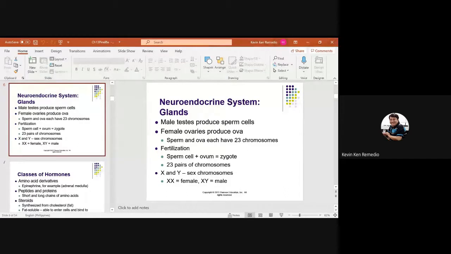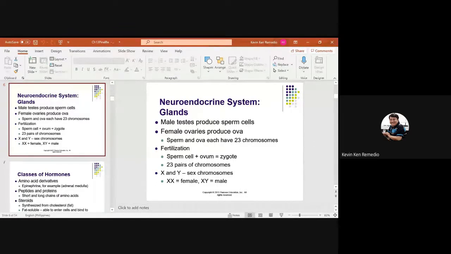For females, the glands are the ovaries, which also produce the ova. All right? Now, the ovarian gland also produces a hormone which can mainly be found in females, estrogen.